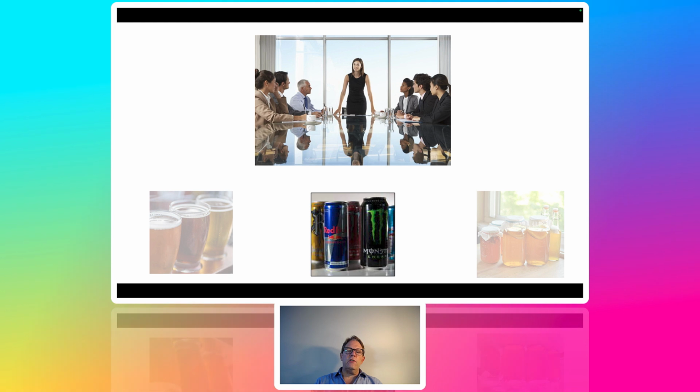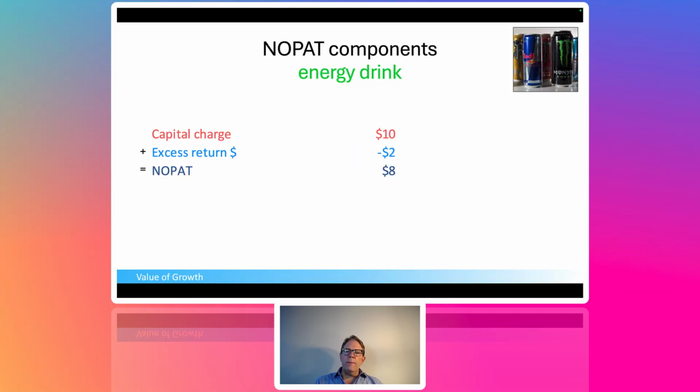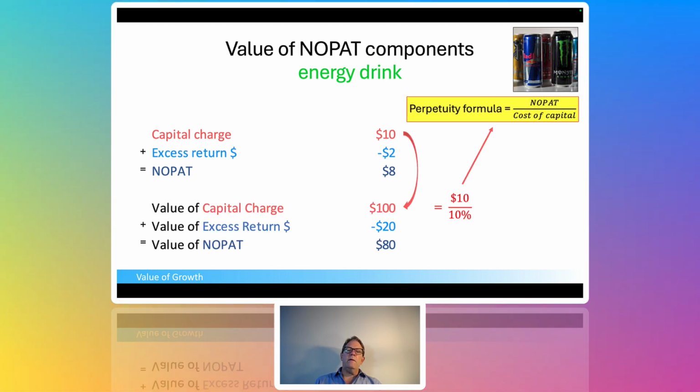Okay, let's look at energy drink, which we know was not going to be a good investment, but use the same tools. Capital charge is 10 million. Excess return in dollars is -2. NOPAT was 8. Okay, the value of these three layers: the value of the capital charge is always the same, right? 10 million divided by 10%, using that perpetuity valuation formula.